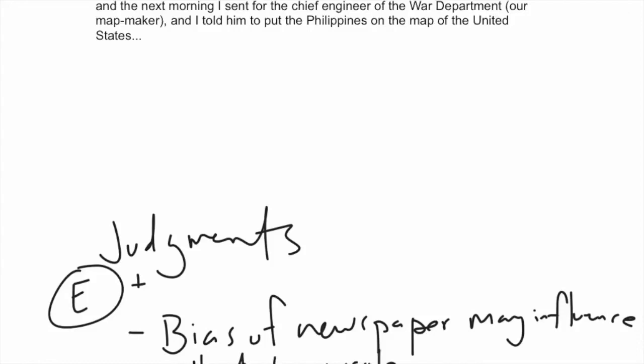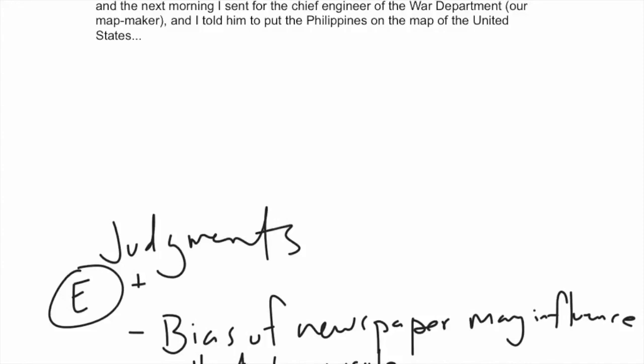Now this is important because a lot of historians question the accuracy of this particular document, in particular because it doesn't seem consistent with what President McKinley has said about annexation or religion in prior speeches.